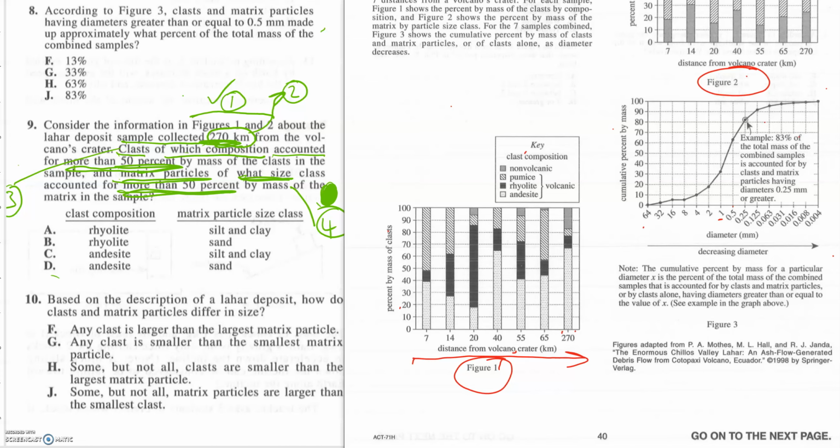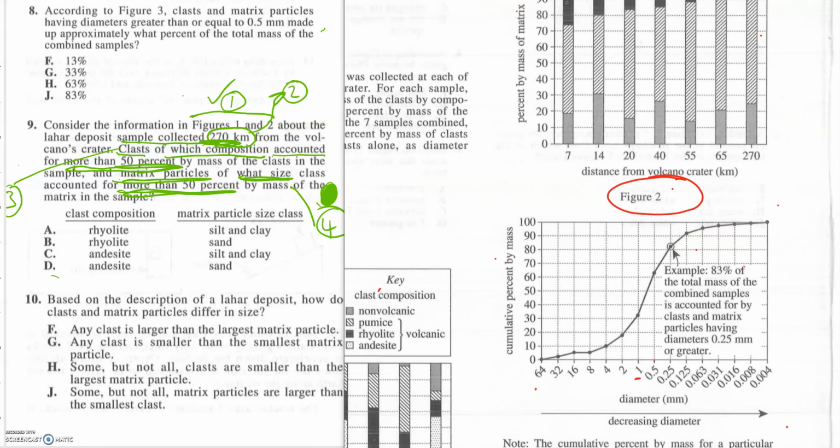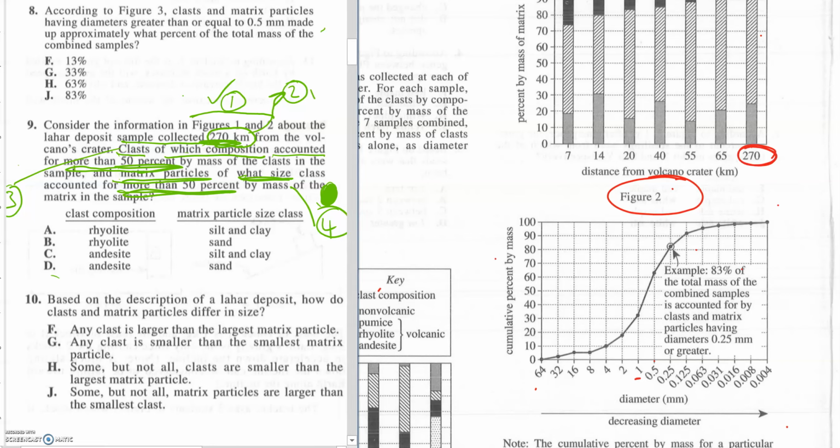So we just want, it says 270, and look here on the right hand side, here's 270. So we just find that. That's all we're doing. All we're doing is just finding, and it says figures 1 and 2, so we come over to figure 2 and we find 270 there. There we go. Step 2, done. So we're not putting anything all together, we're just doing it step by step.